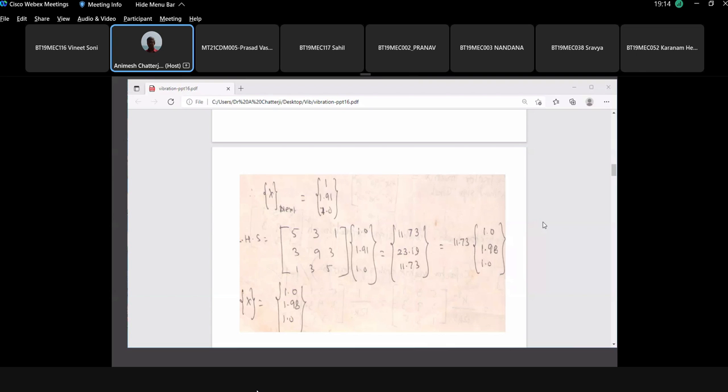The second statement, which is even more important: it will always converge, but it converges to the first, lowest natural frequency only.